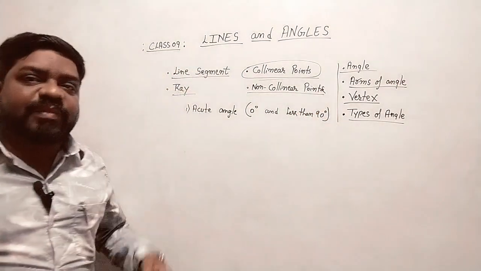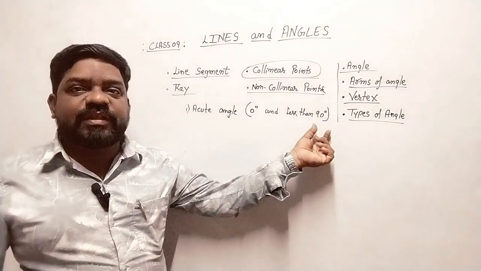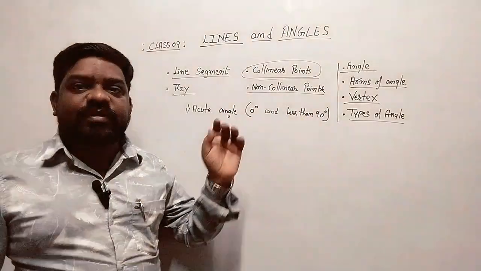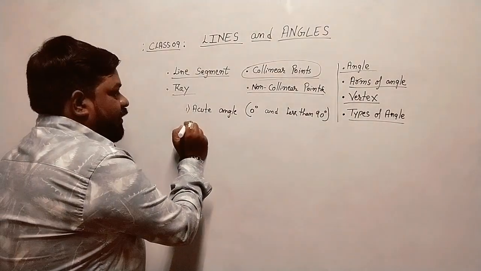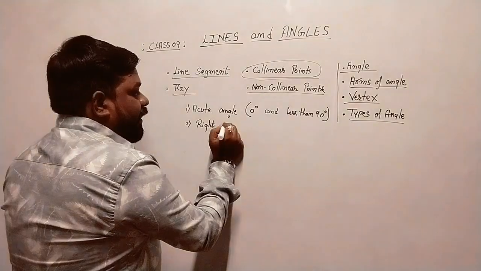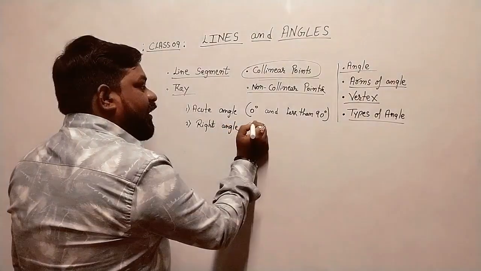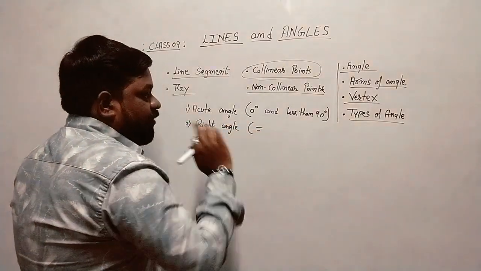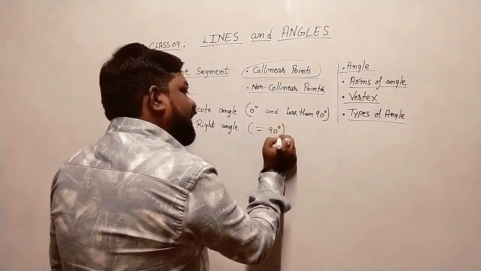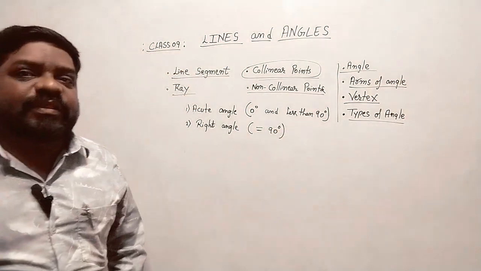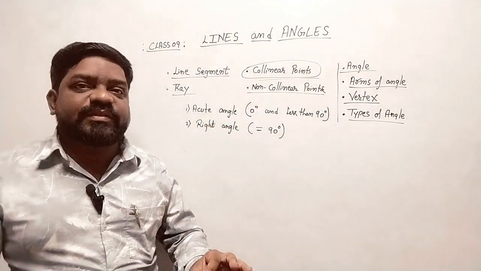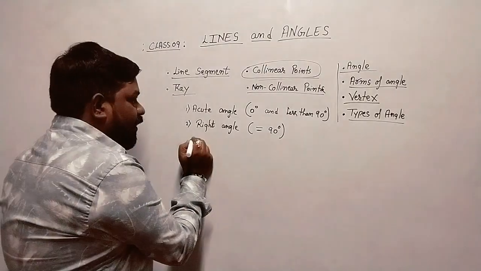If an angle measures between 0 degrees and less than 90 degrees, we call it an acute angle. Next, right angle. A right angle is the angle which measures exactly equal to 90 degrees.